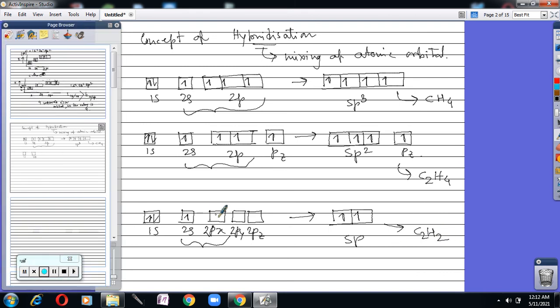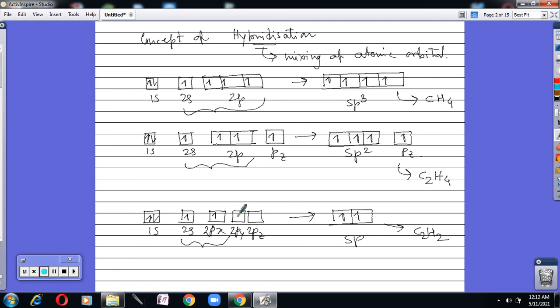Now one thing I need to say here, that is, when s is mixing with p orbital, completely new orbitals are formed. That one is a hybrid orbital, and their energies are completely new, not identical with the previous s and previous p.